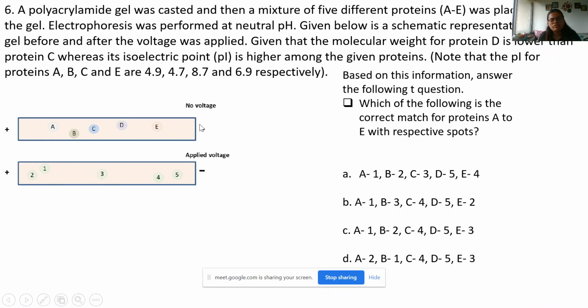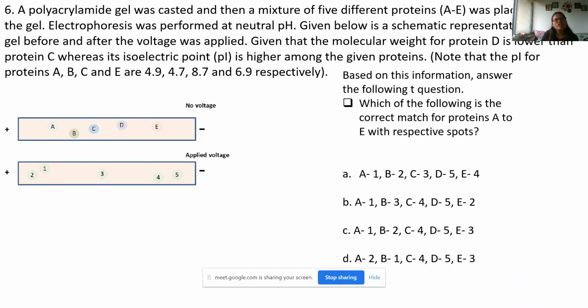So try to solve this, then we'll discuss. I'll give you some time. At least try using this information. The experiment is performed at neutral pH. It is very important information.